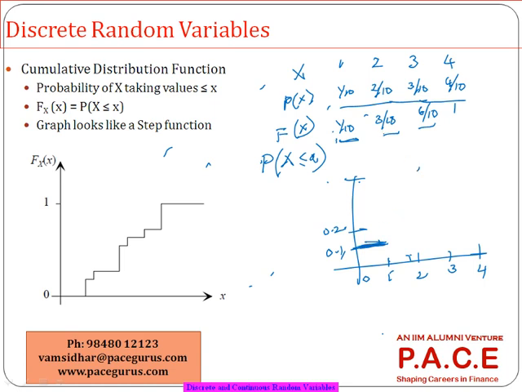Less than or equal to 2, it is 3 by 10, so between 1 and 2 you are making it 3 by 10. Less than or equal to 3, it is 6 by 10, 0.6. And less than or equal to 4, it is 10 by 10 or 1.